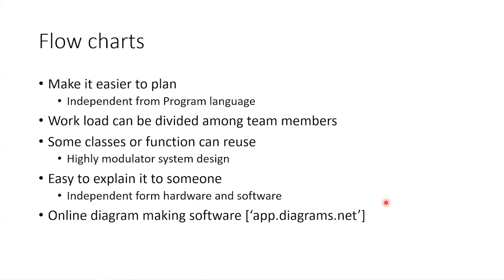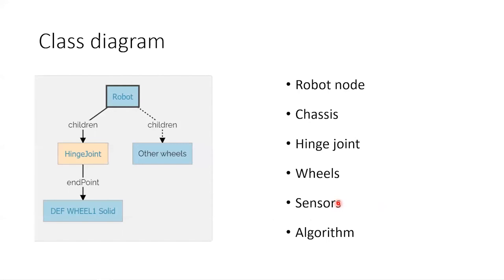I introduced you to an online diagram making software called App Diagrams, and then we moved to the class diagram and flowchart diagrams. Basically, in Webots we are using this simulation software to connect the nodes that we are creating together and run the simulation.